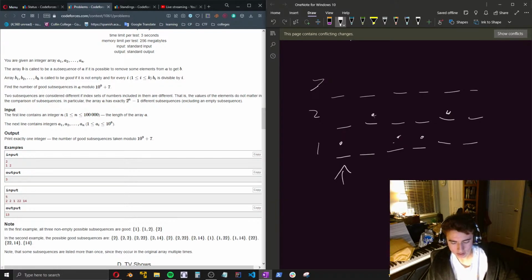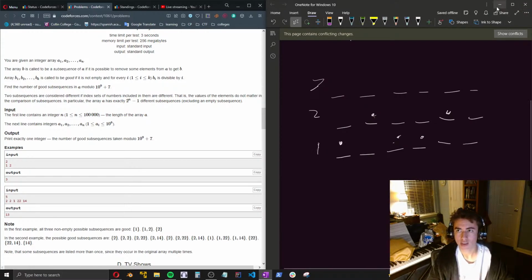We need to add to the sum that transitions to here all the values before it. So we move the pointer up until it's greater than or equal to the current value on the level above, and then we add the whole prefix sum up to there. Hopefully you see why. This is the DP of the number of levels that end at this index that have used this many values.